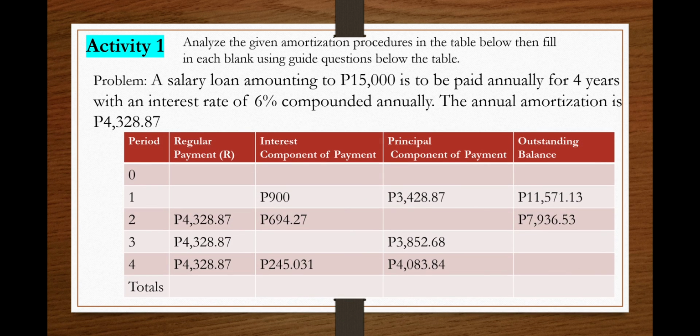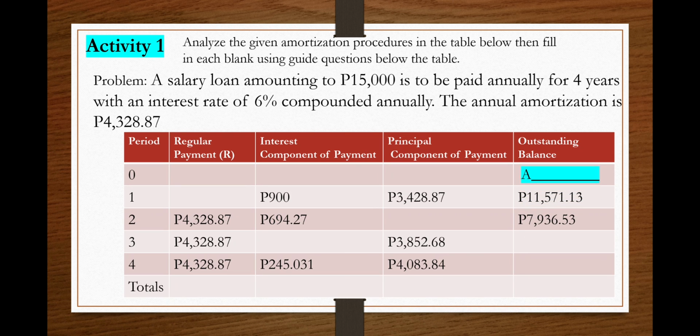So we have here the table wherein the first column is the period of payment, the second column is the regular payment, which is the value of R, the third column is the interest component of payment, the next column is the principal component of payment, and the last column is the outstanding balance.